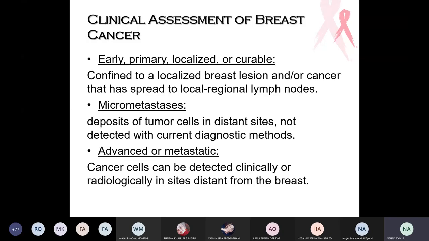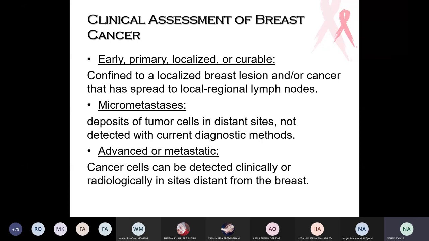Now, with metastasis, we have two types of metastatic disease: distant metastasis and micro metastasis. Distant metastasis by definition means that the primary cancer cells, which here are breast cancer cells, will move or translocate, either through blood vessels or through lymphatic vessels, to a separate and distant site.